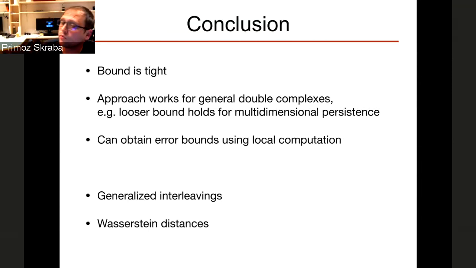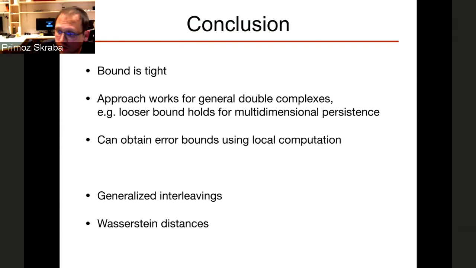So I don't want to run the full spectral sequence, but I can simulate it and obtain an outer approximation of how much I've lost by switching to this cover. I don't know how to use this, but in principle, one could use it to adaptively build an error-aware cover of a really big complex so that we lose as little information as possible while making things as computable as possible.